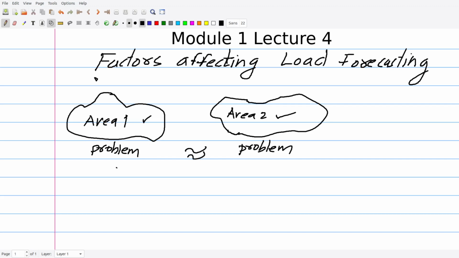So the first factor on which this varies is historical load data. Then the second factor is time dependent factors.